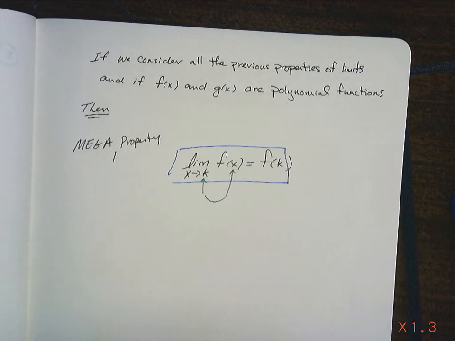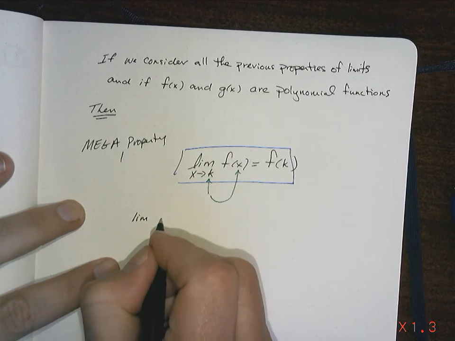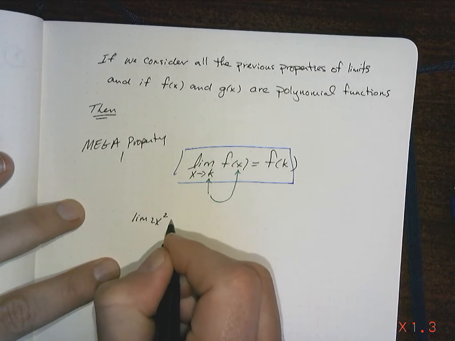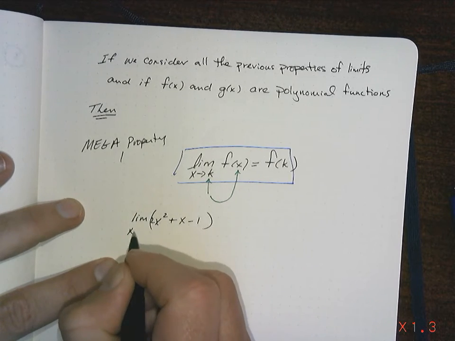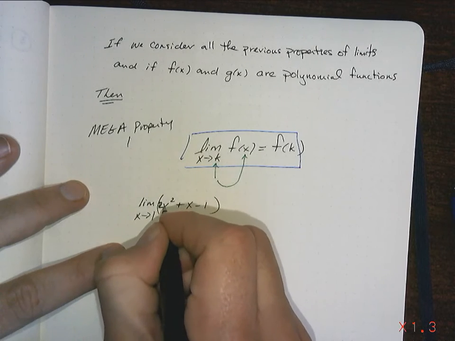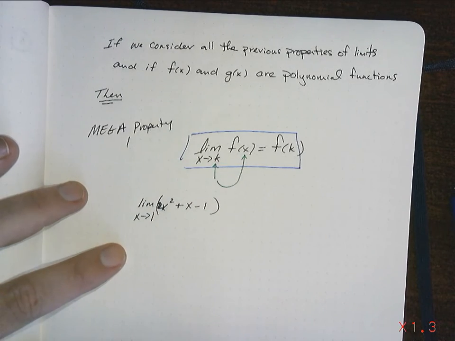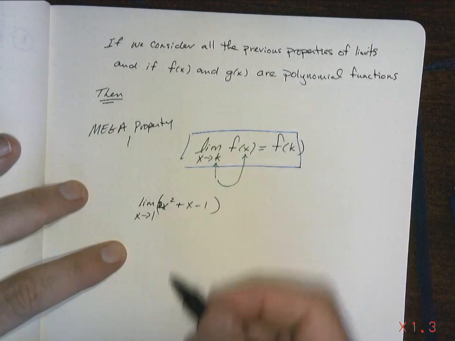So what was that really long example I started with? The limit as x approaches 1 of 2x squared plus x minus 1. That was my first example from before, and the answer was 2, and we had to do all that work.